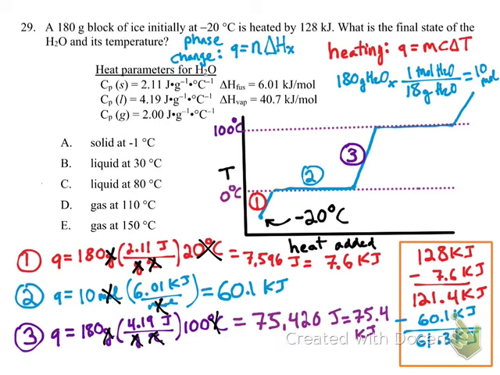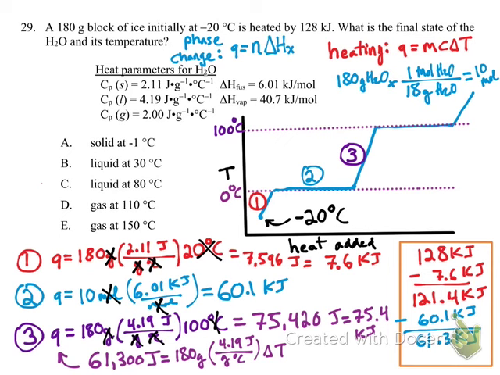So for our Q, we're going to plug in the energy that we have remaining, which is 61.3 kilojoules, or 61,300 joules. We're going to set that equal to the 180 grams of water times the specific heat of water, 4.19 joules per gram degree Celsius, times the delta T that we're solving for.